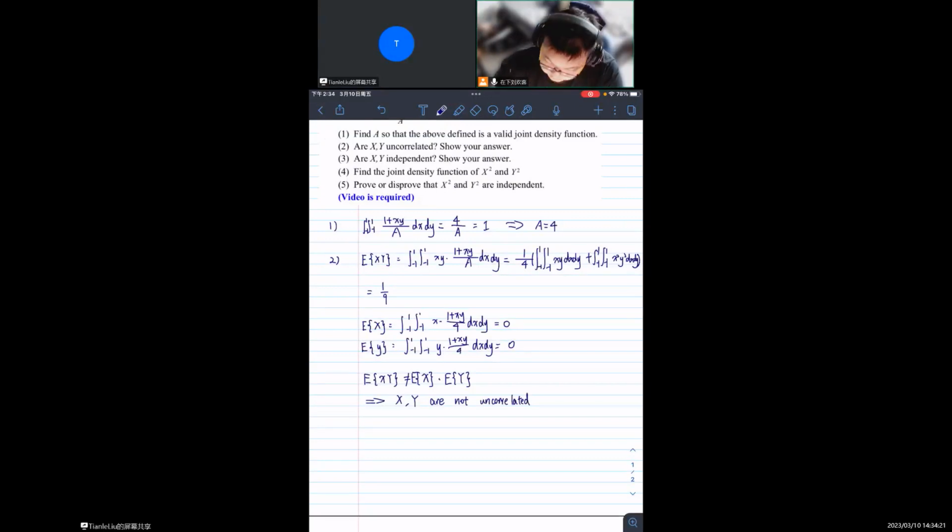So this is it for problem 2. Since the result for uncorrelated is negative, we can also get directly from that X and Y are not independent.